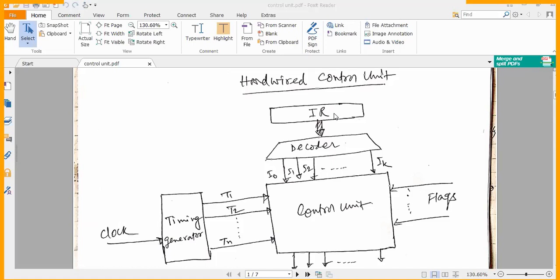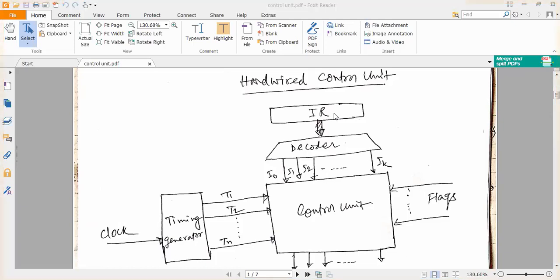I can give an example of how instruction execution takes place here. Suppose you and your friend are staying at your home. Now you want to have some sweets.